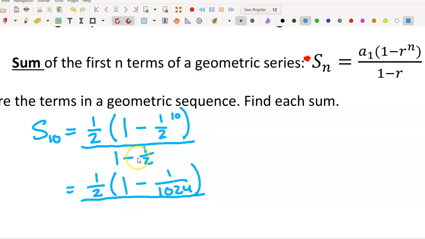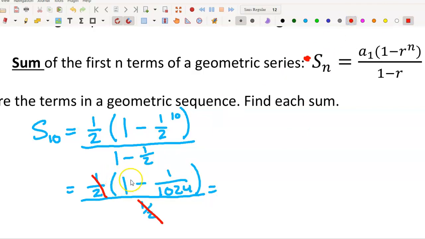And then 1 minus a half, of course, is a half. And this is nice, right? Since the ratio and the first term happen to be the same, they end up canceling out here. That's kind of cool. So now we're just left with 1 minus 1 over 1024.